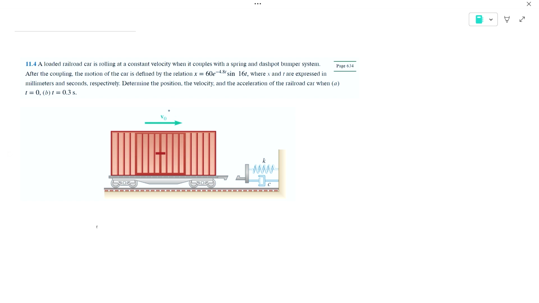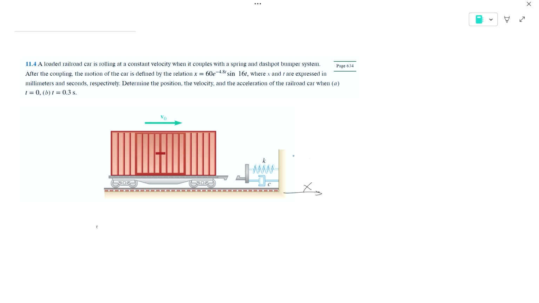They're telling us that the relationship between distance and time, this is going to be our x-axis, is given by 60 e to the negative 4.8t times sine 16t.